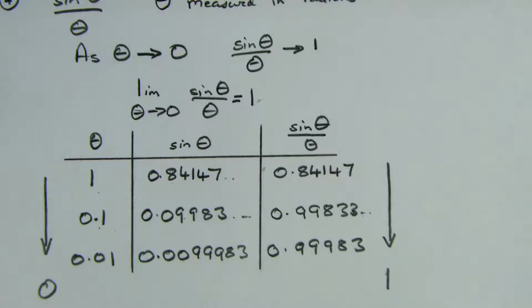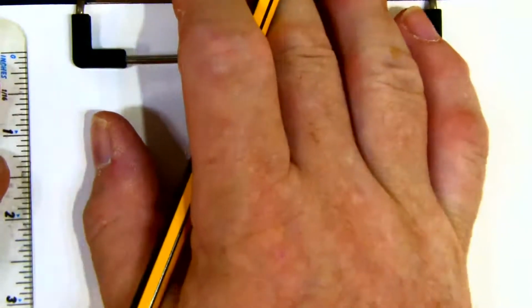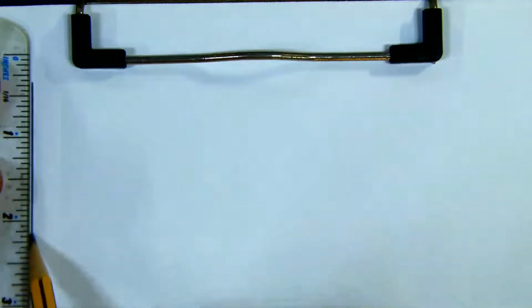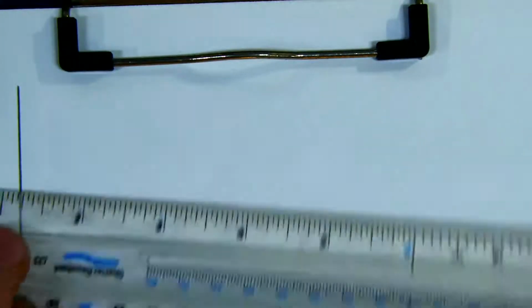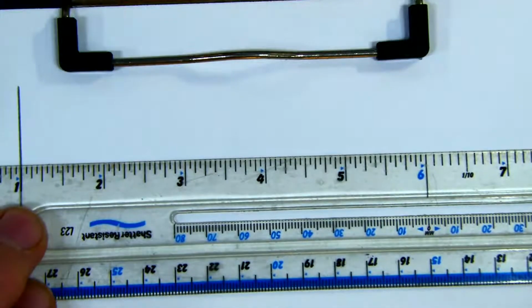Okay, now we've done that. Let's just do one more thing here, just to try and give us some ideas about what's going on. So let's look at the function of sine itself. Let's just draw in a little sine curve.